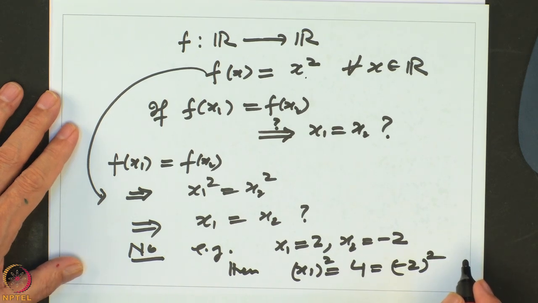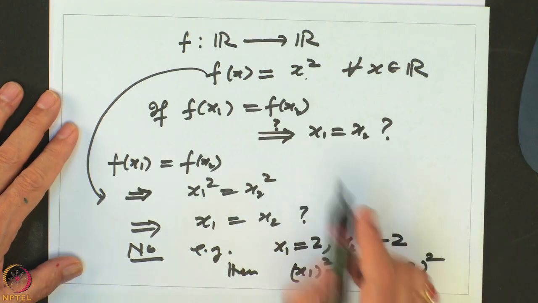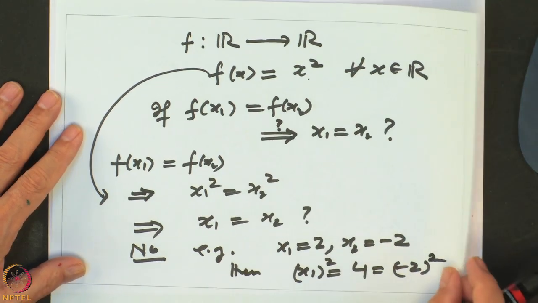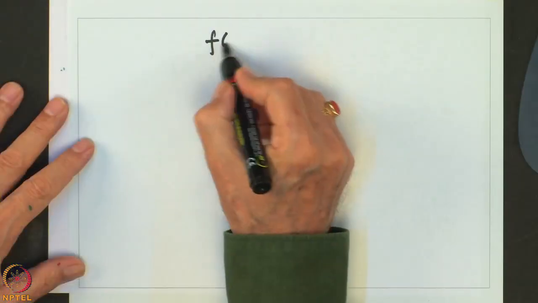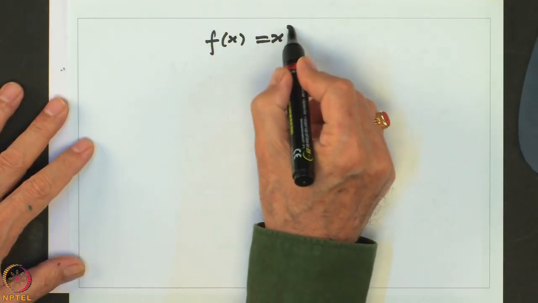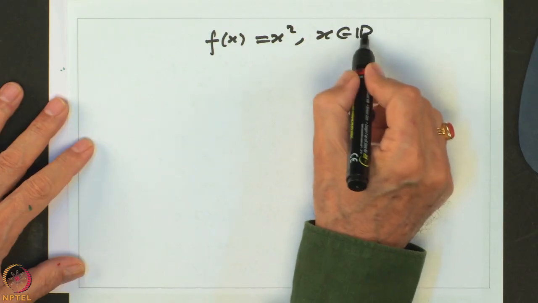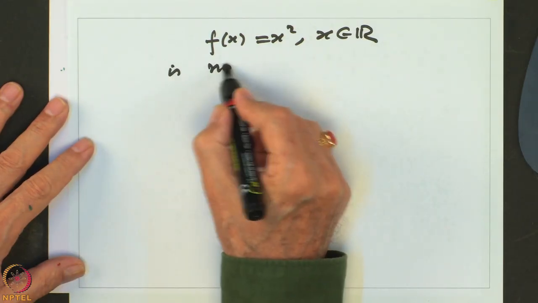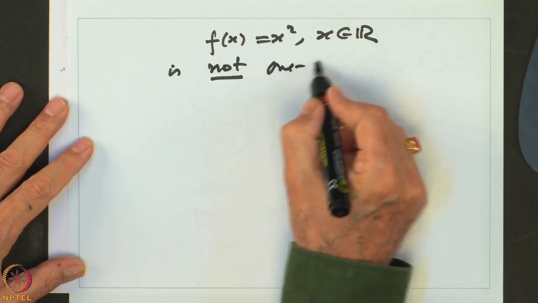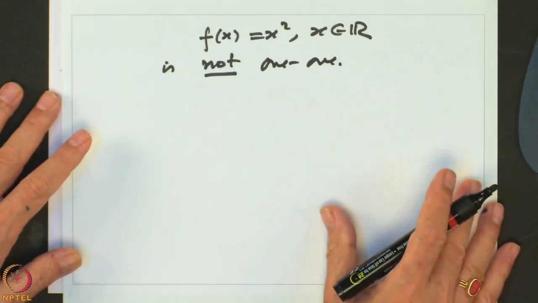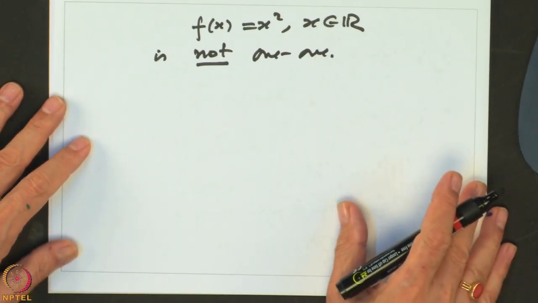So, what does this mean? That means this function is not one-one. So, let us write this as an example: f of x equal to x square, x belonging to R, is not a one-one function.